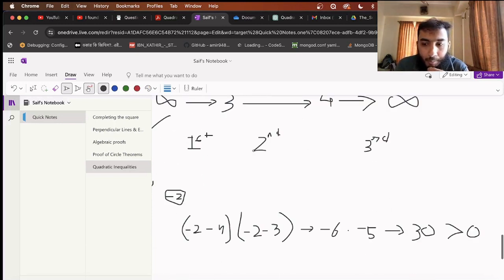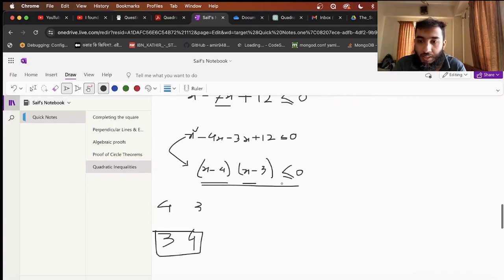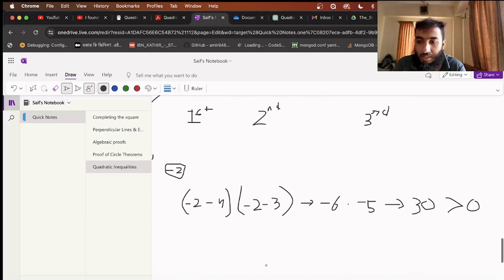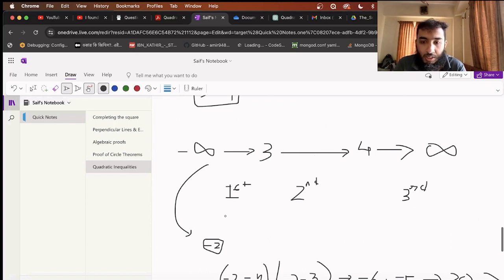So minus 6 multiplied by minus 5 is 30, which is greater than 0. But this inequality is less than or equal to 0. So the first interval is false.